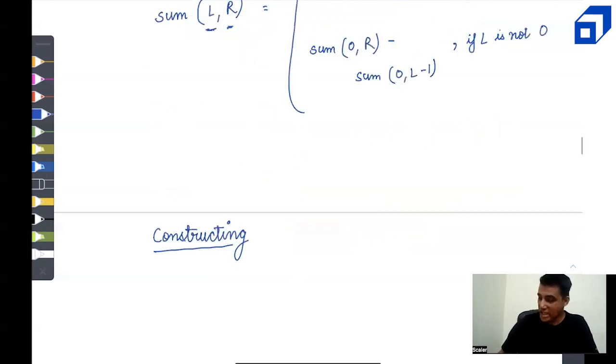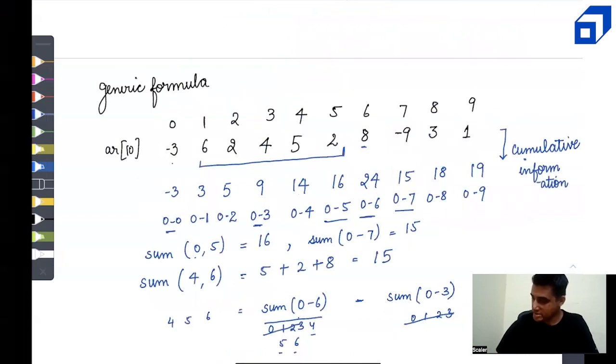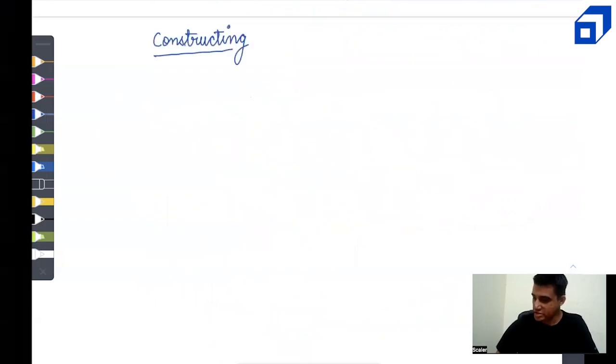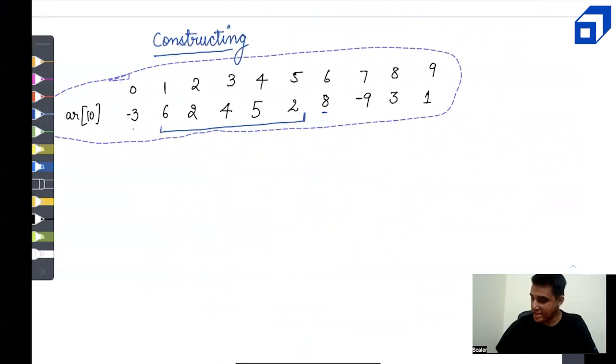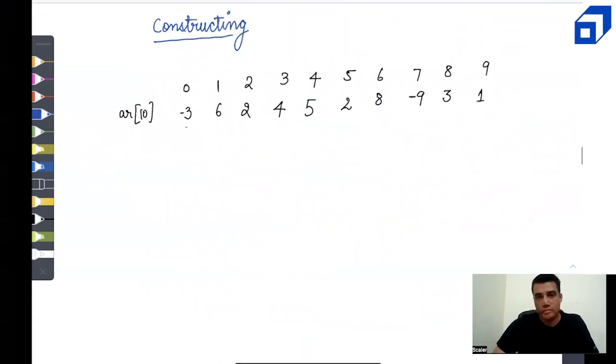So let's bring the same example that we had over here, and let's try to construct this cumulative information. And let's see what is the best that we can do with it.